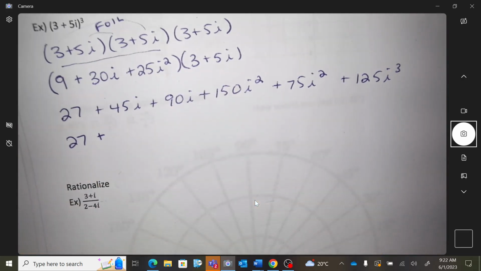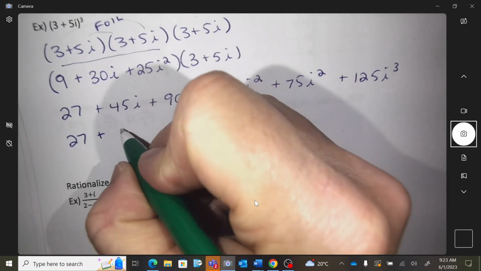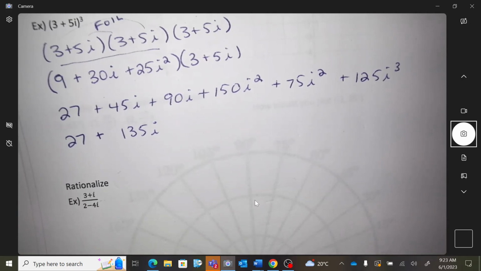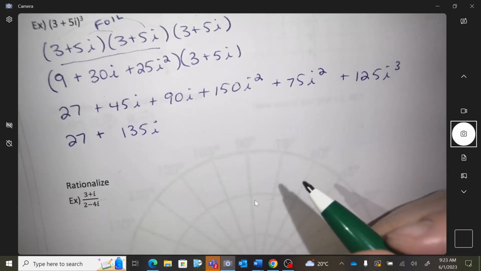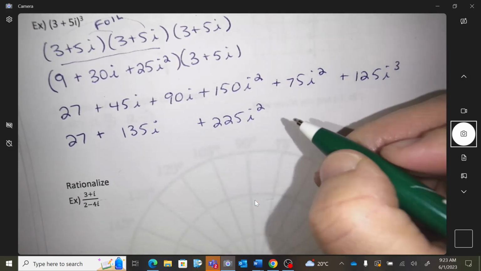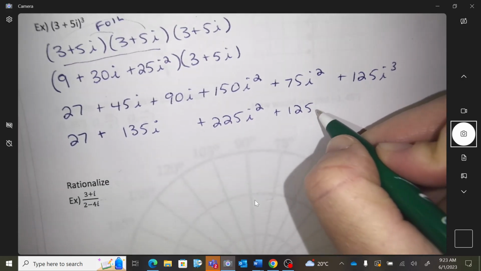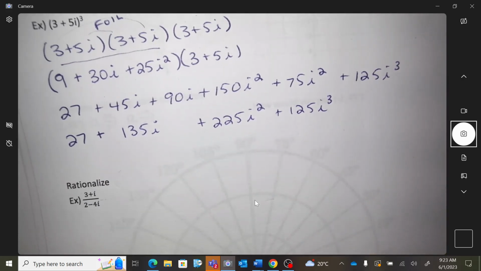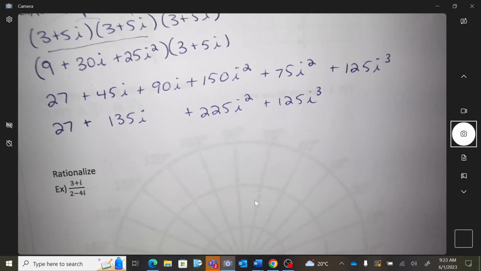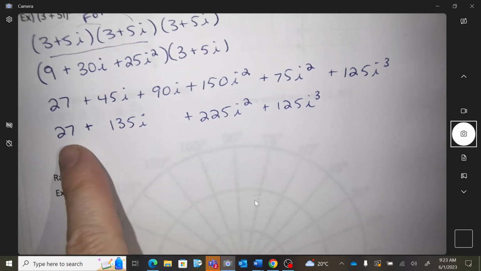So 27 is with nothing. 45 plus 90 can go together. The 150 and 75 can go together. Okay, so this and this we're not going to do anything with.